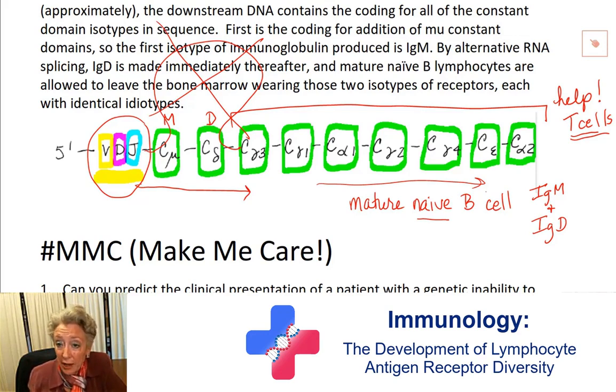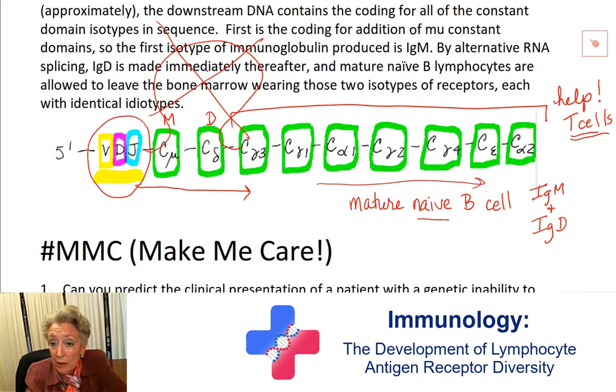But realize I cannot go backward in this process to making IgM and IgD again, because at each step I'm cutting out the constant domains that I'm no longer using, so it's a one-way street developmentally for the B cell to create different isotypes. Now, you don't need to notice the sequence as far as what isotypes and subisotypes come next. That will be the subject of a different discussion later on.